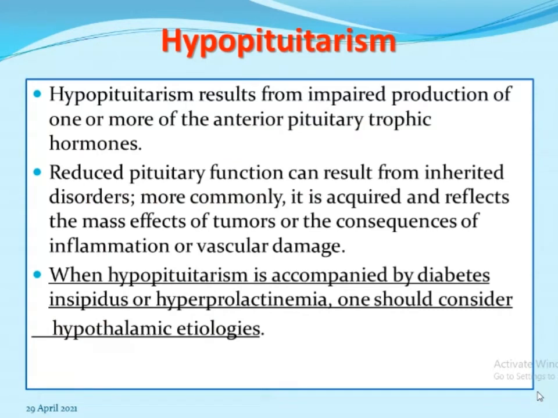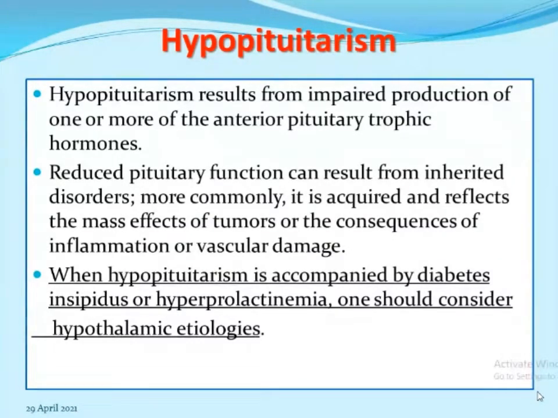So hypopituitarism results from impaired production of one or more of the anterior pituitary trophic hormones. What are the causes? I will describe these causes. It's either inherited, but it is commonly acquired. It reflects the mass effect of tumors or the consequences of inflammation or vascular damage.